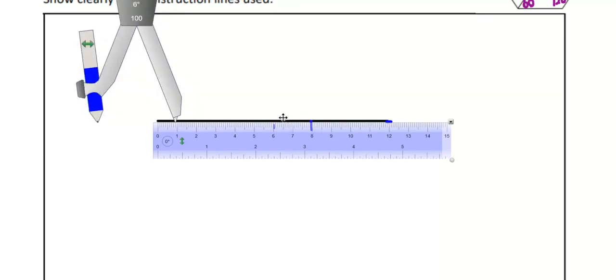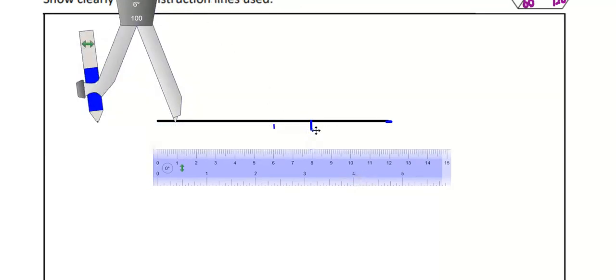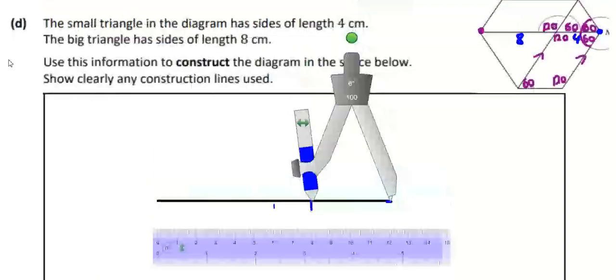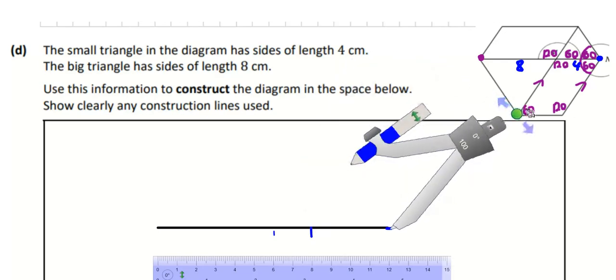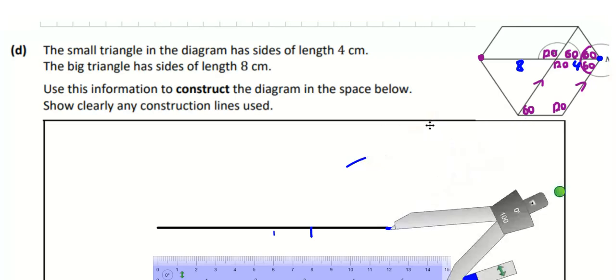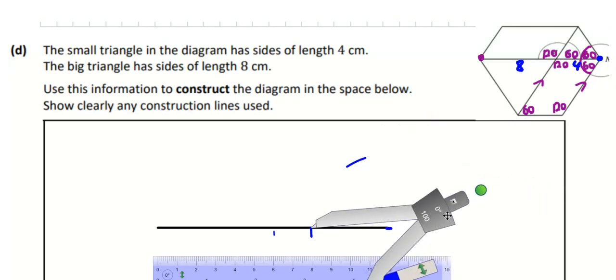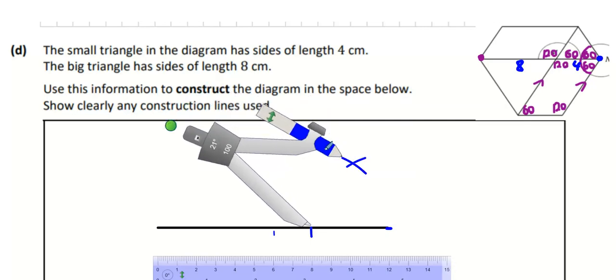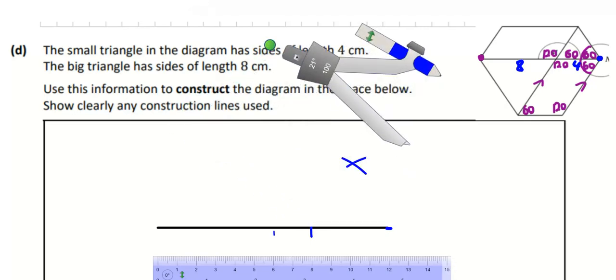Okay. And then what we're going to do is construct our equilateral triangle, like so. Spin this around. Like so, and there's our two points there. That makes this an equilateral triangle. Okay, awesome.